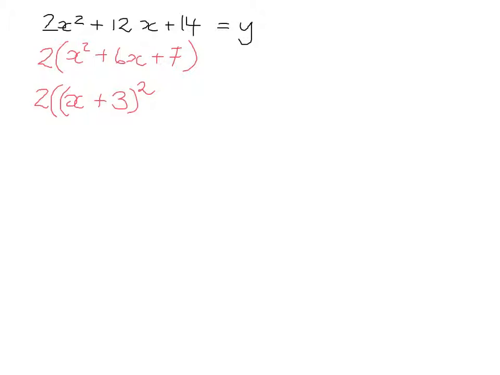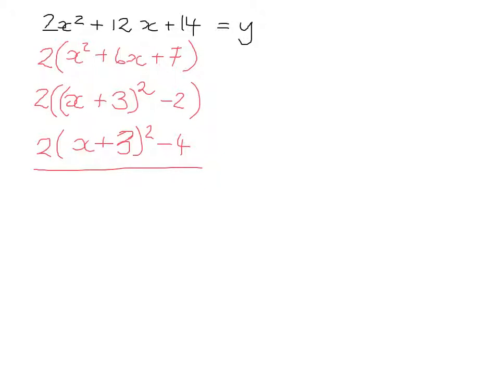That would give us x squared plus 6x plus 9, so we need to take away 2. And the last thing we did was we multiplied out by that 2, like that. Now how does that help us work out what the graph would look like?